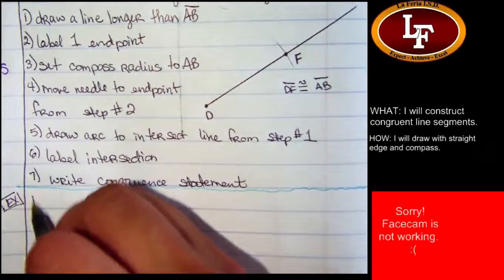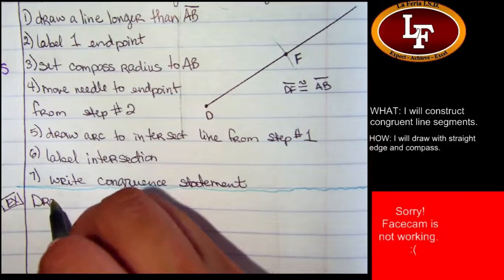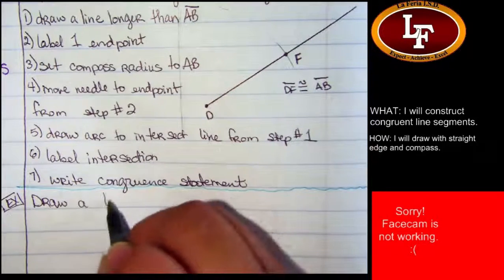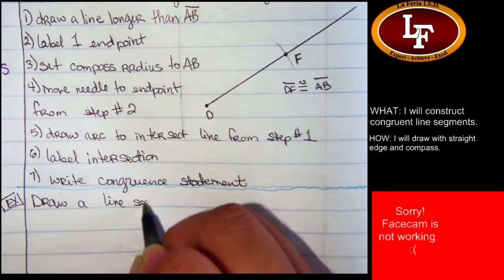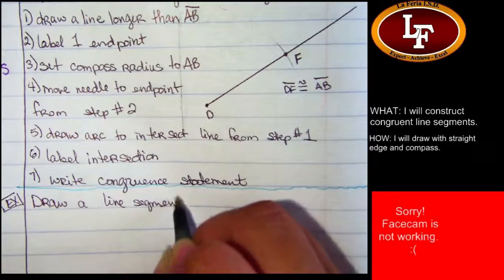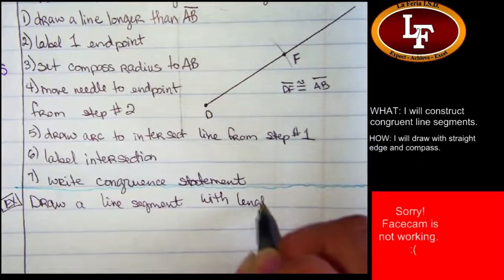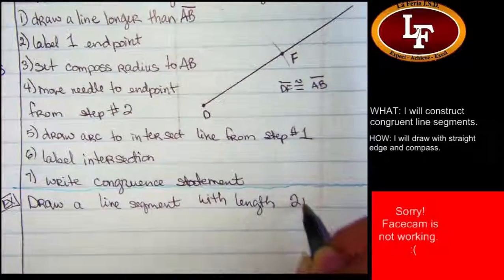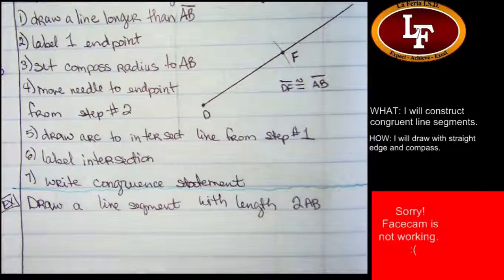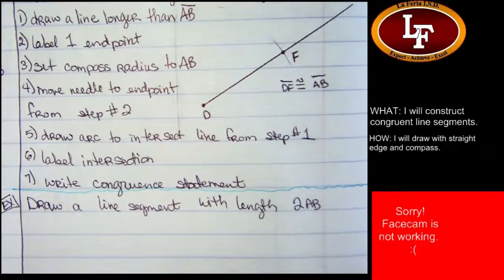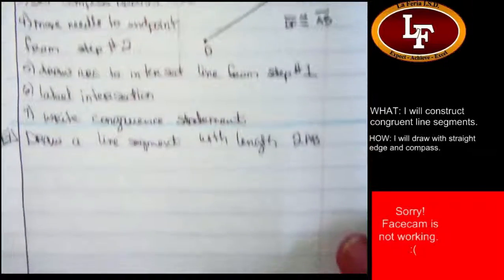This example is what happens when you get asked to draw a line segment with length 2AB. Again, notice the difference.